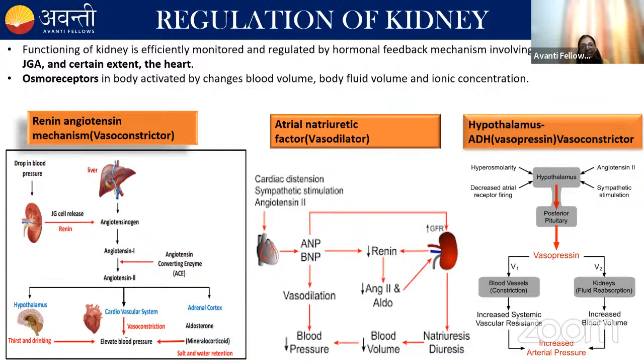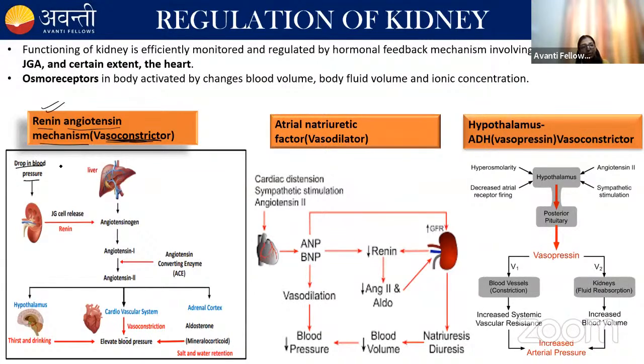Now let's come to the regulation of kidney. First is the renin-angiotensin mechanism, or the vasoconstrictor. A vasoconstrictor is something which reduces the lumen of the vessels, or narrows the lumen of the vessels.